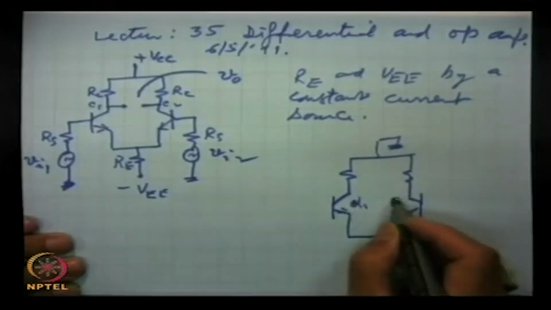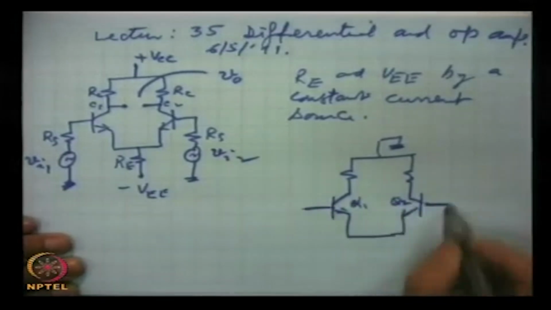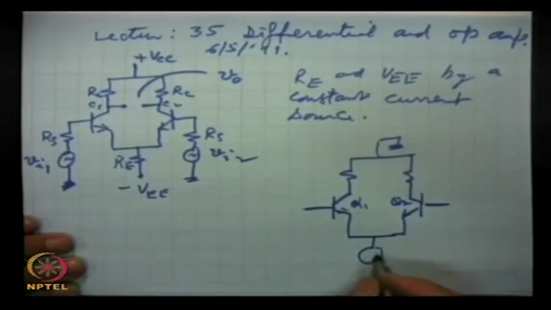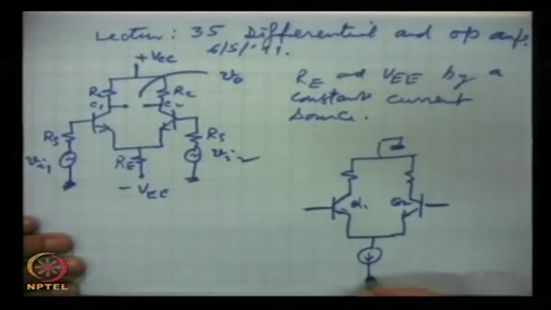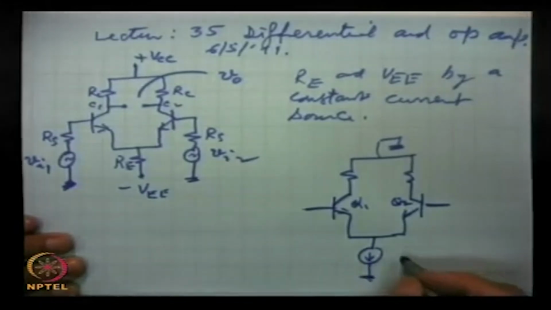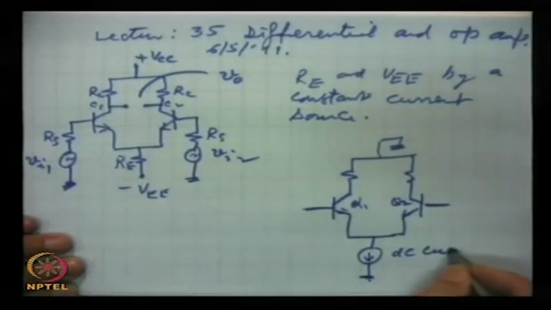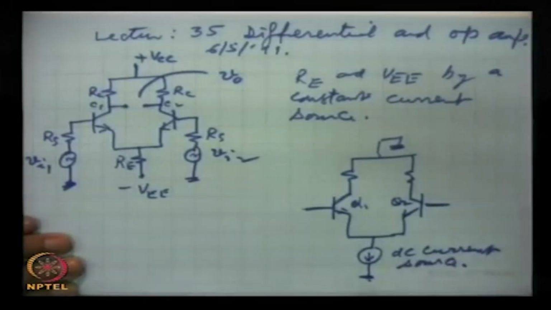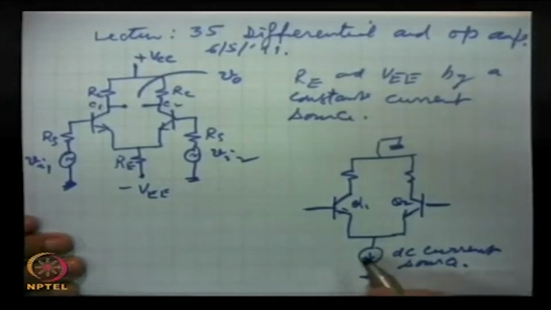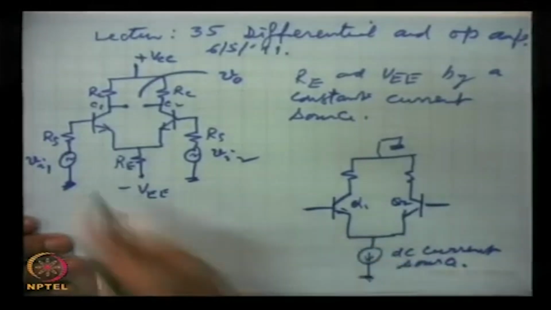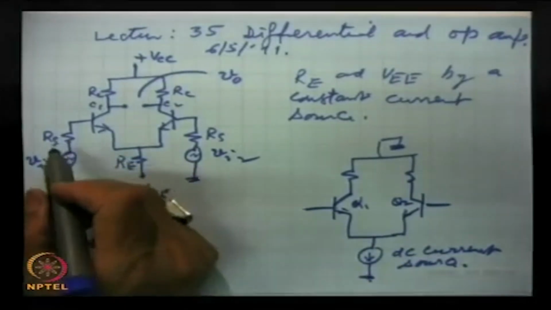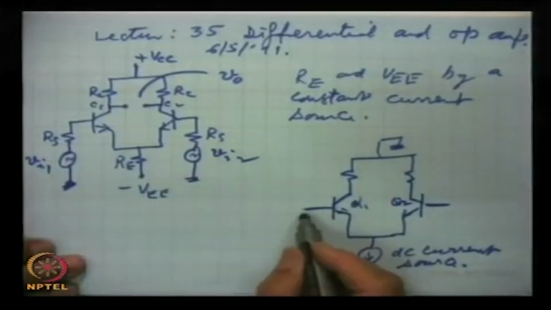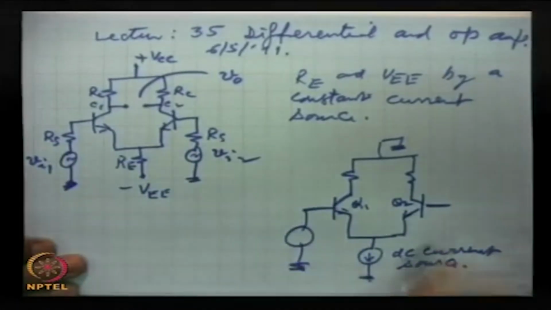Q1, Q2, and this we are replacing with a DC constant current source, and this supplies the emitter current. The source resistances we are taking as negligibly small, so that we neglect them.